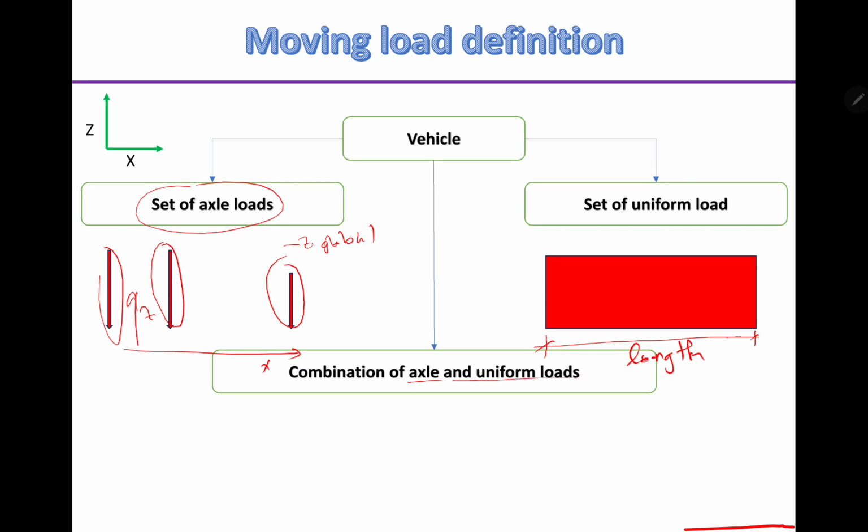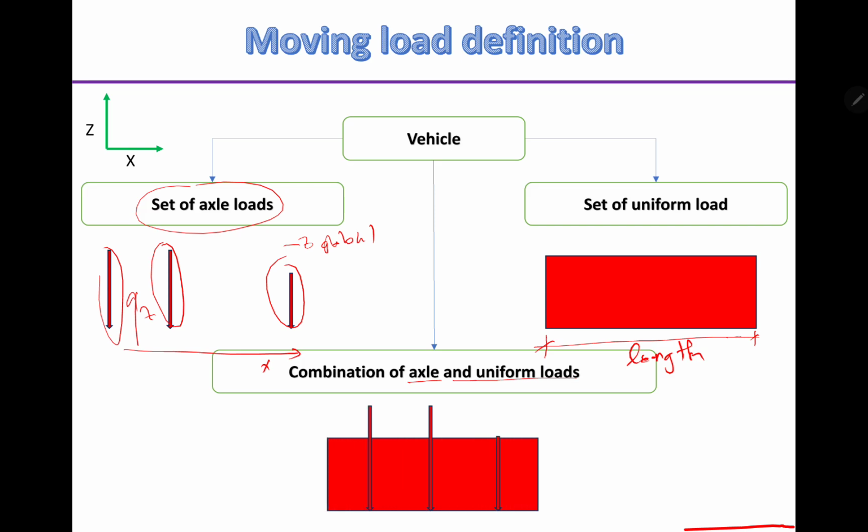In reality, in general, we cannot find this type of loads, but those are a load model. It's not a real load, but a load model in order to simulate the most severe condition of moving loads on a structure. So in this case, we can find uniform loads with a length and concentrated force with a total weight.